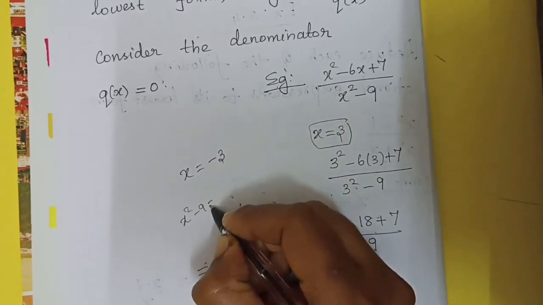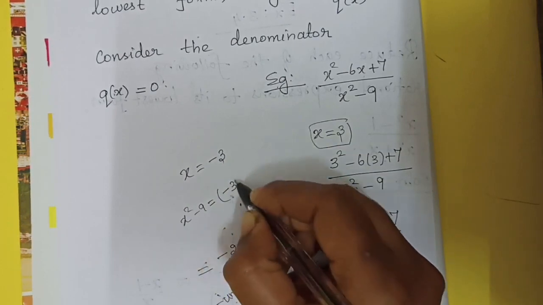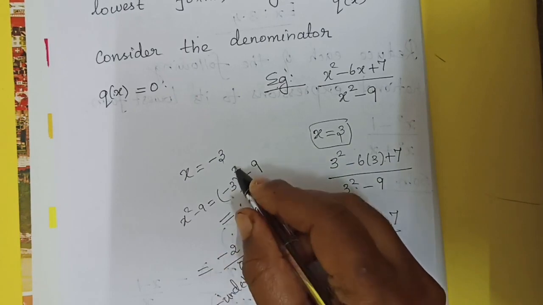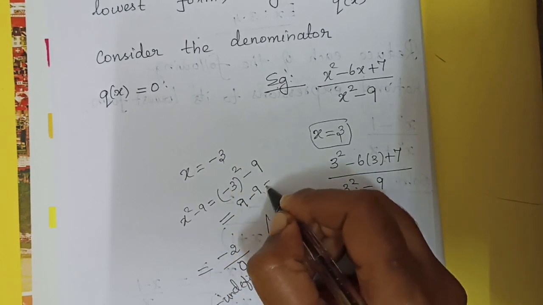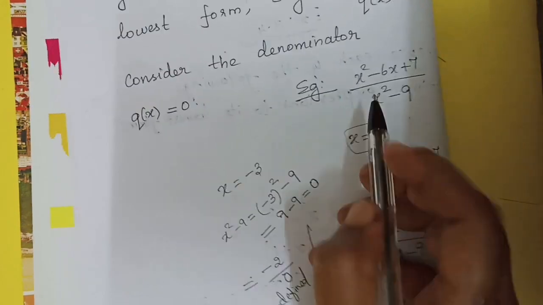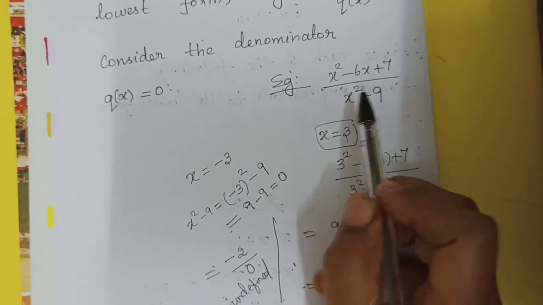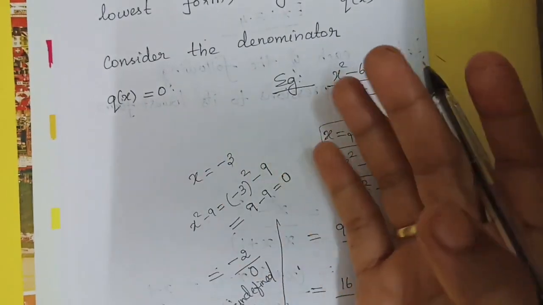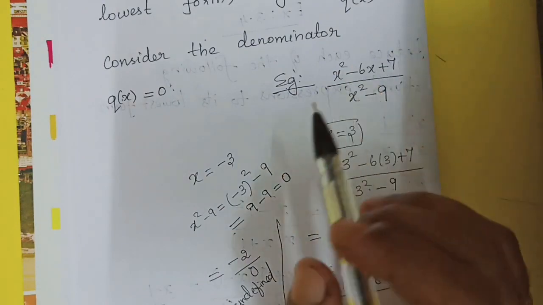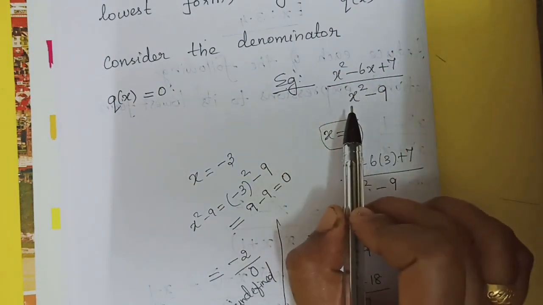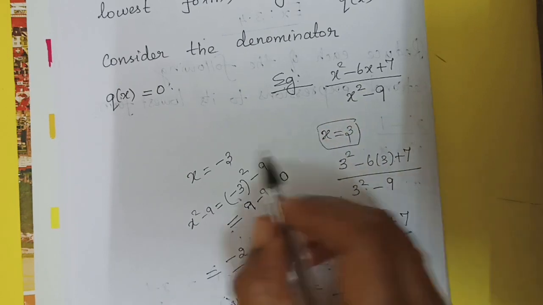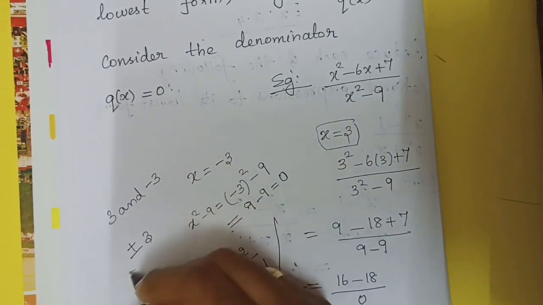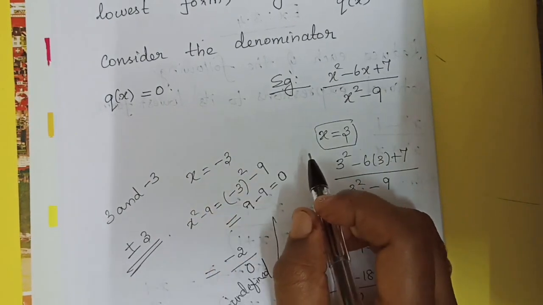X square minus 9 equal to minus 3 the whole square minus 9, which is equal to 9 minus 9 also 0. So for this rational expression, what are the excluded values? The excluded value may be 1 or more than 1. Okay. So for this rational expression, the excluded values are 3 and minus 3. That means plus or minus 3. I think you got the point.